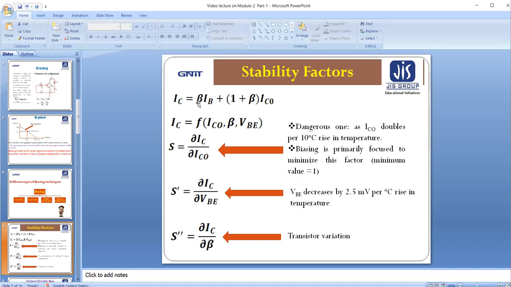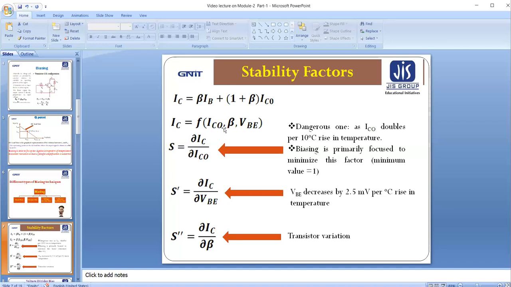Because in the above expression, there is no such term as VBE. But the transistor input is a PN junction diode, so unless VBE crosses the barrier voltage, it will not conduct any current. So VBE is the primary parameter on which IB depends. So IC equals a function of ICO, beta, and VBE.